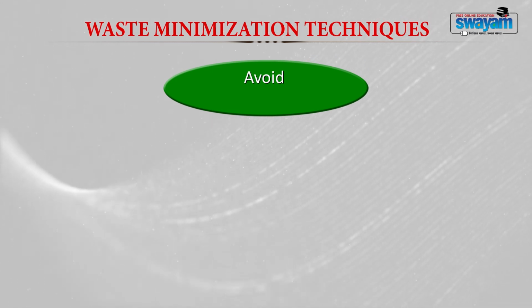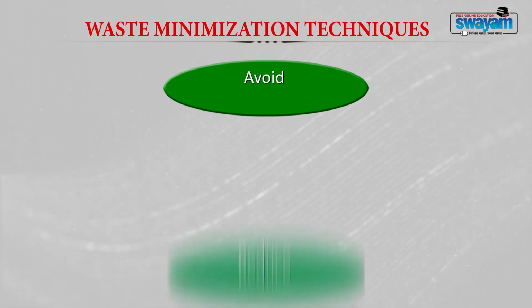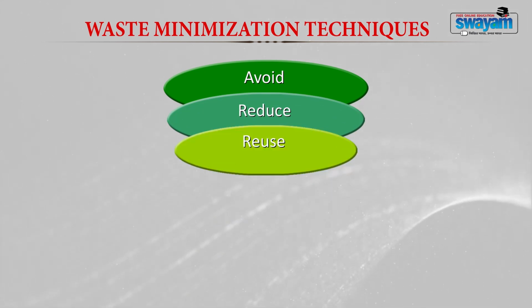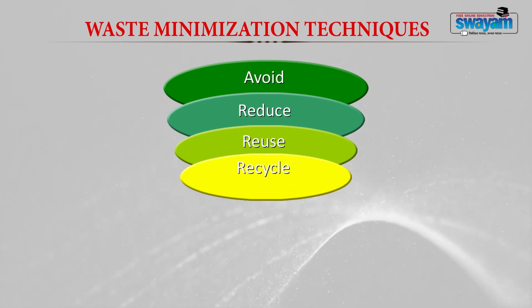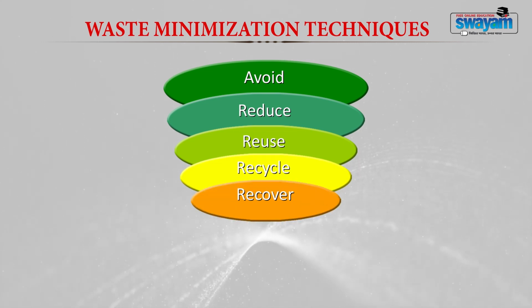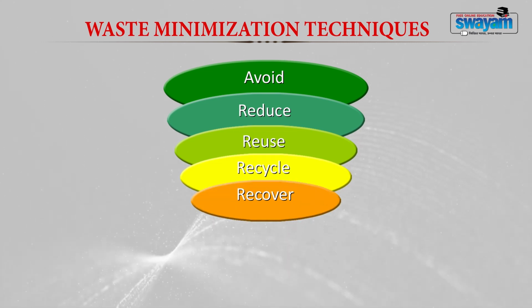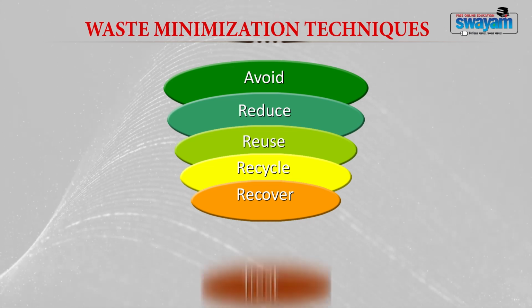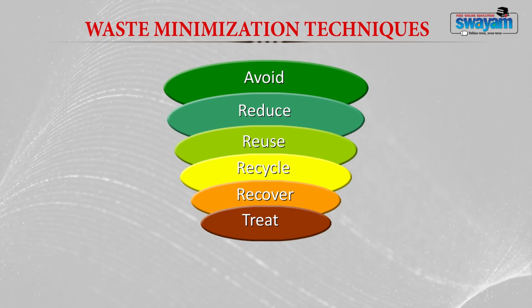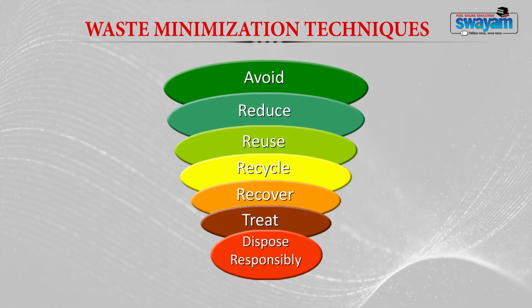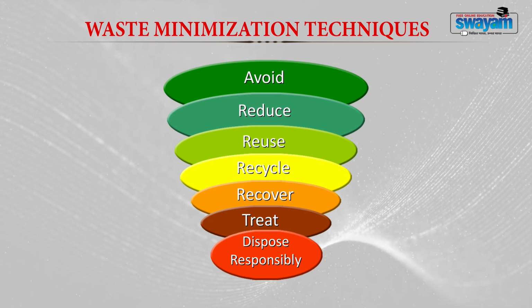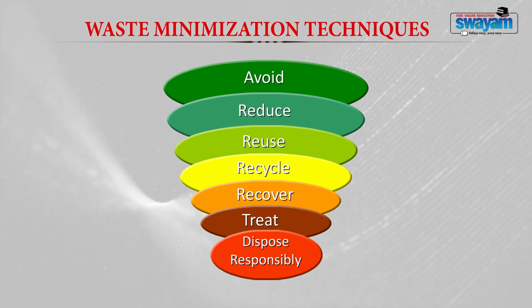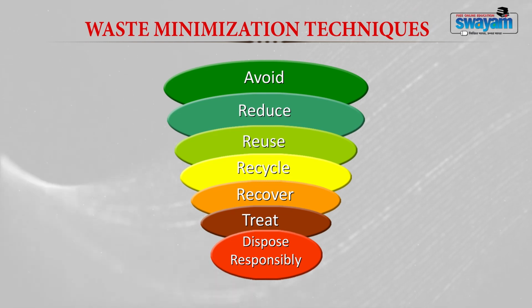Other techniques include reduce waste production, reuse the waste, recycle the waste, and recover the waste from the waste stream. If nothing can be done out of these, then we should treat the waste, and finally we should dispose only that waste that cannot be put to any use. So, these are some of the techniques that can be used in waste minimization.